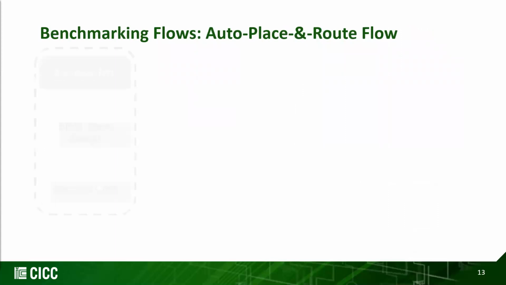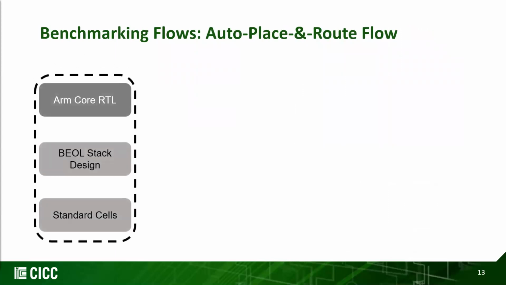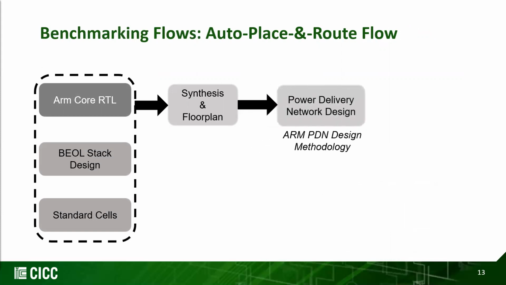Once we have all the essential ingredients for auto place and route, we go through the following flow. We implement the Arm core with the generated standard cell library and BEOL metal stack by initially synthesizing it. A suitable floor plan is chosen to keep the cell density at optimum levels. We design the power delivery network using Arm PDN design methodology.